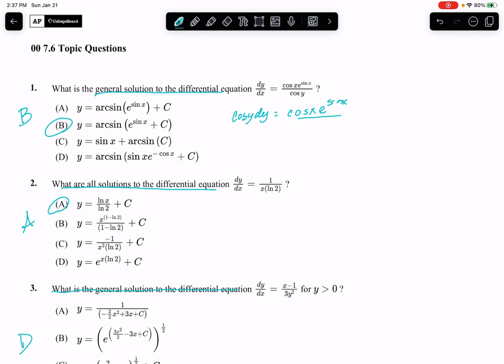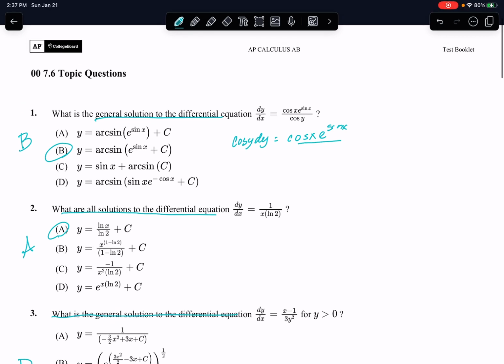So let's see if we can figure this out. Let's integrate it. And if it's a multiple choice, yes, you don't have to do this with 2 steps, but it's a good idea to kind of get used to it.